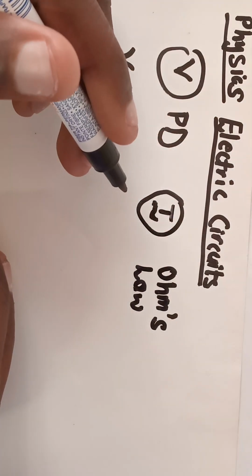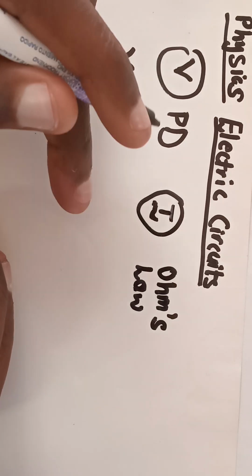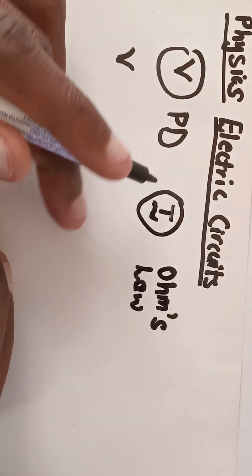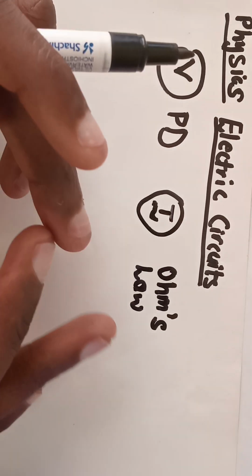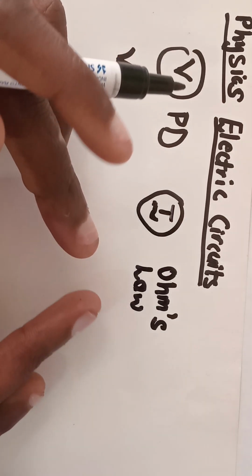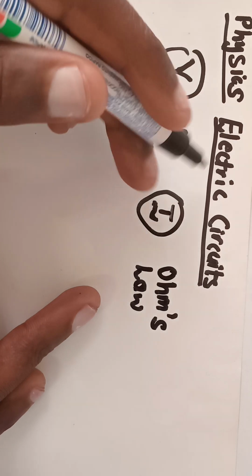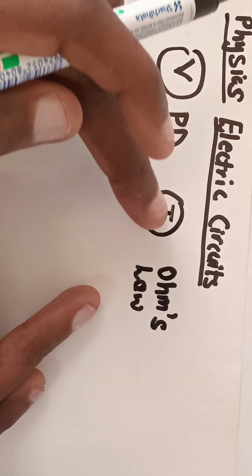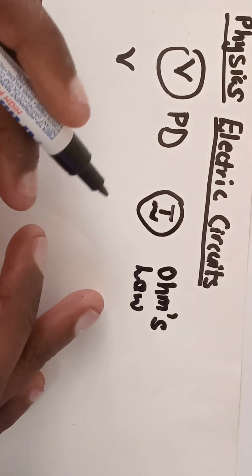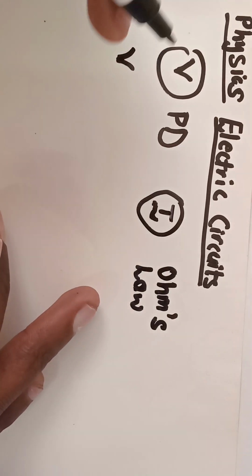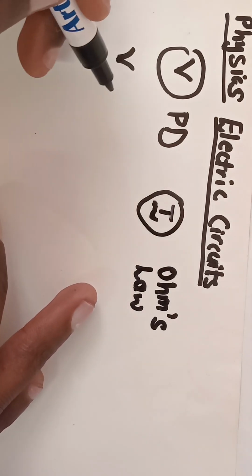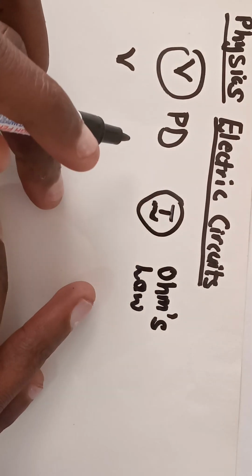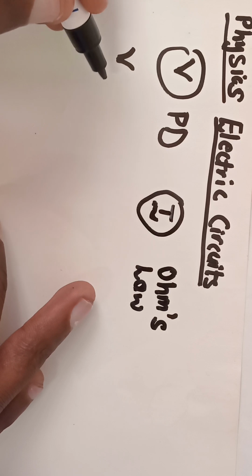So the potential difference across a conductor, which can be a wire or a metal. The conductor is something that carries electricity from one point to another. So Ohm's law simply says that the potential difference across a conductor is directly proportional.